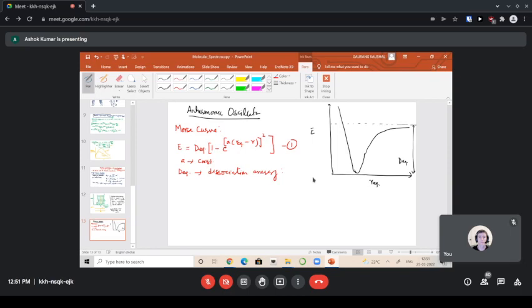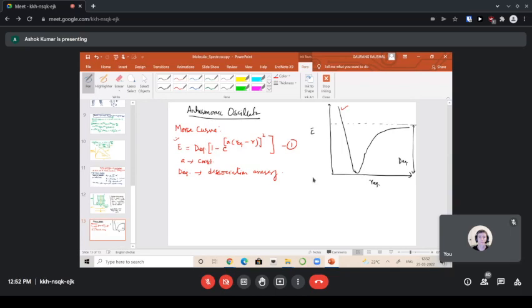So this is the Morse curve and Morse expression, which describes the form of the curve. Now when you use this equation number 1 in the Schrodinger equation, you will obtain the energy.